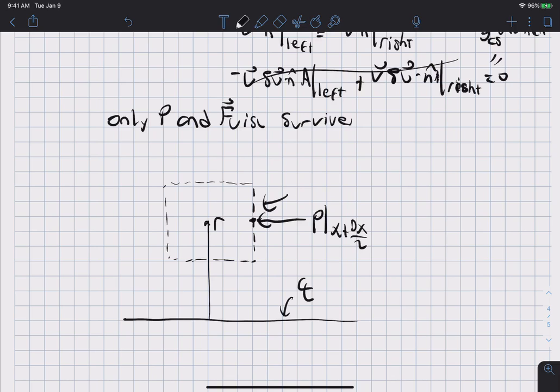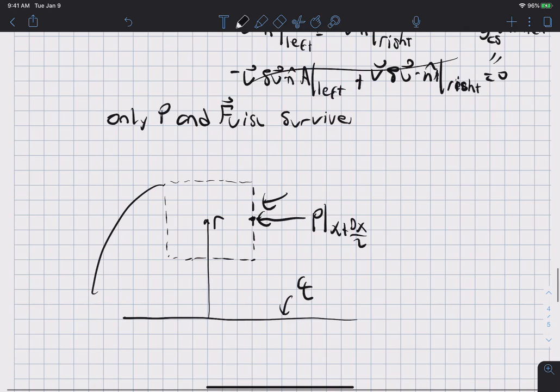And the area over here is the area of an annulus. So I'll just draw that over here. A equals 2 pi r delta r, because that's just the area of this annular face here.